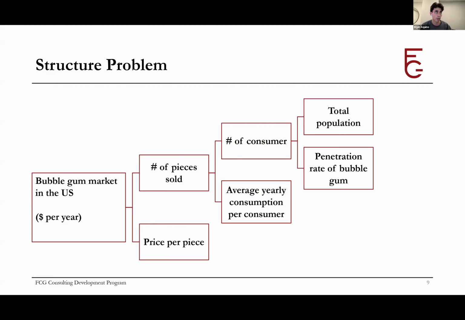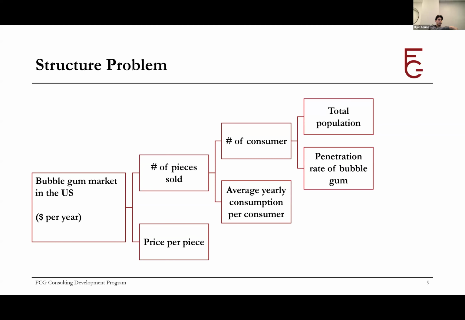That could have been another clarifying question, but in this question here, it's the US market. And then the penetration rate of bubblegum. When I say penetration rate of bubblegum, it's how many people are going to buy bubblegum. So how many people out of 10 people do you know are going to buy bubblegum, right? That's what I mean when I say penetration rate.